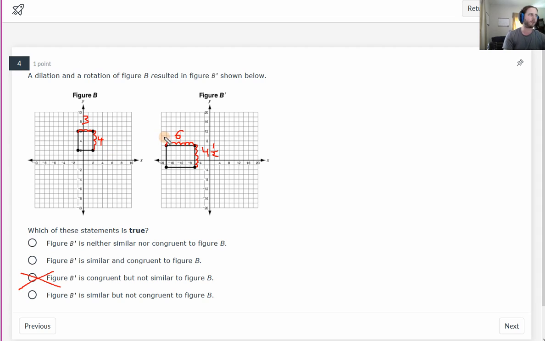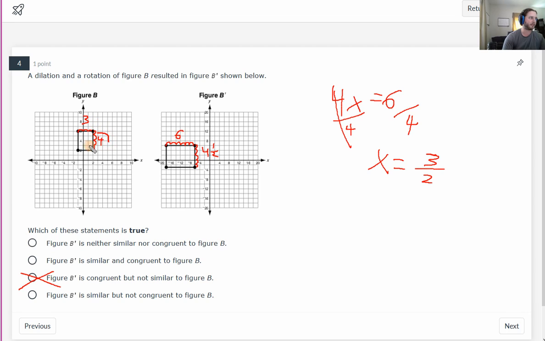So we went from 4 to 6. What do I multiply 4 by to get 6? 4 times something equals 6. Divide both sides by 4, and that leaves me with x equals 6 over 4, which simplifies to 3 over 2. So theoretically, I should be multiplying everything on the left side times 3 over 2.